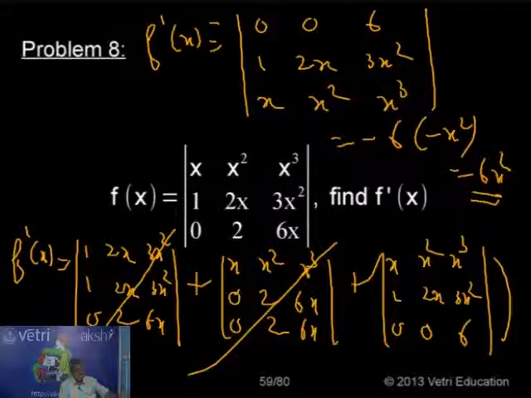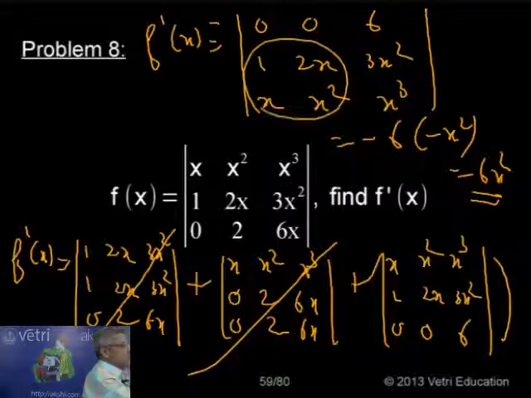Here, the first 2 determinants are 0 because we are getting 2 rows identical. In the last determinant, 0, 0, 6, I am bringing it to the first row for convenience sake. After that, expanding using the first row, 0 into anything 0, 0 into anything 0, minus 0 into anything 0, 6 into this.